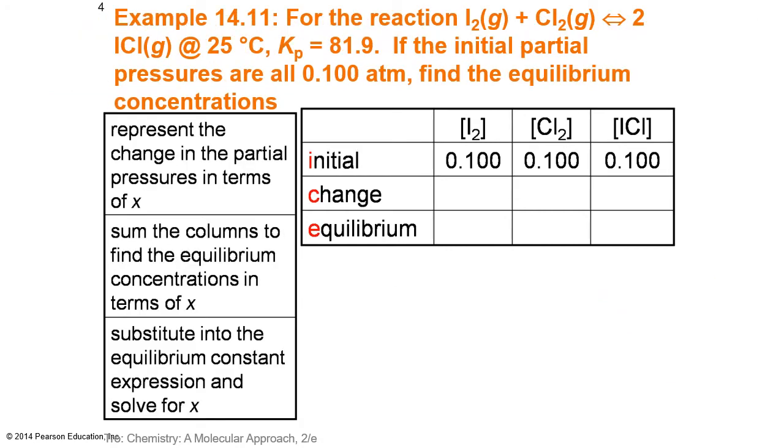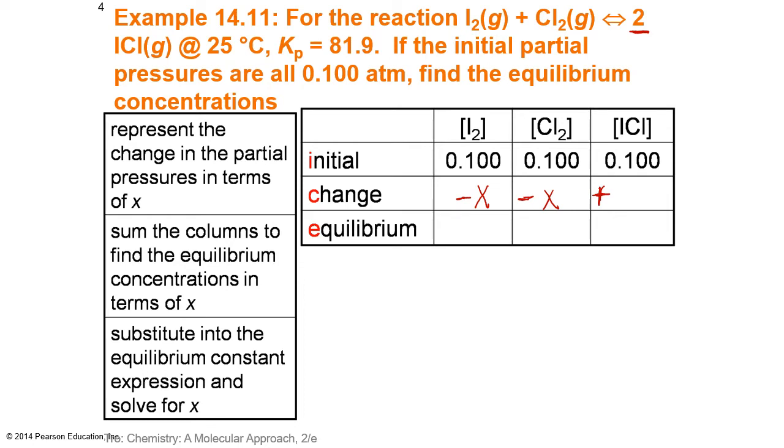Now we want to represent the change in terms of X. So our reactants are going to decrease, so they will be negative, by a certain partial pressure, which is X. And because both of them react 1 to 1, they're both going to be minus X. The product has a coefficient of 2, and we're going to form product, which means it's going to be positive.